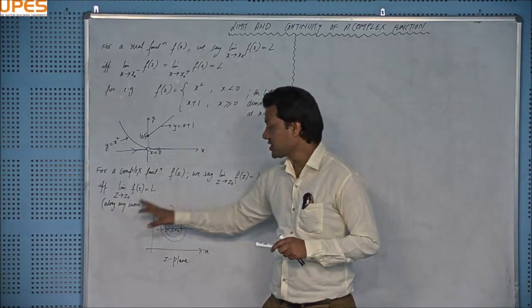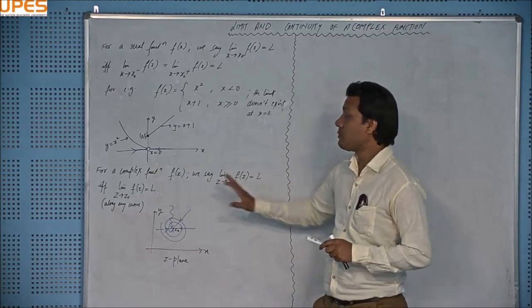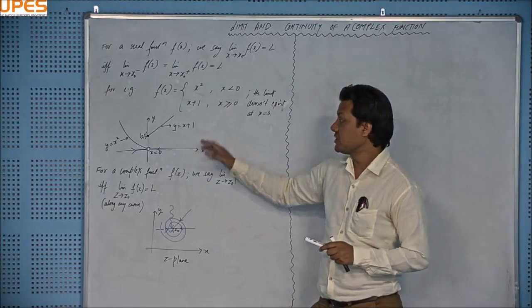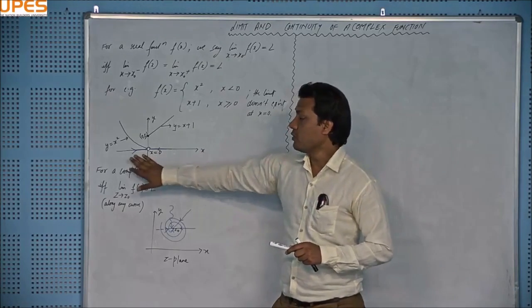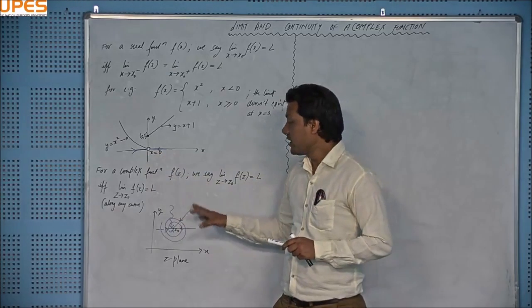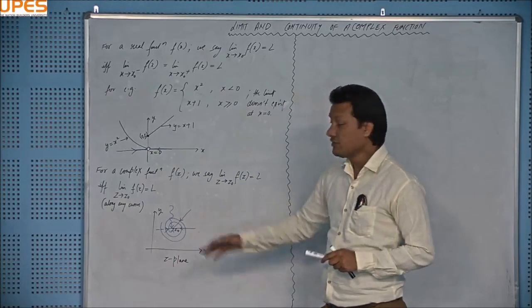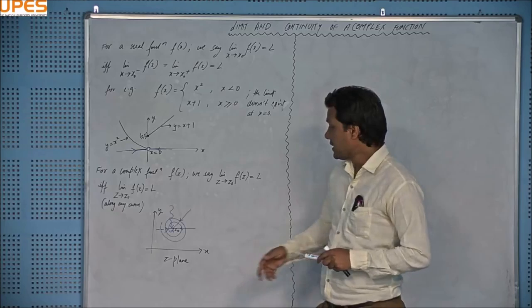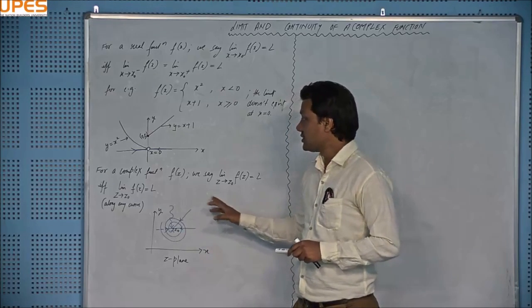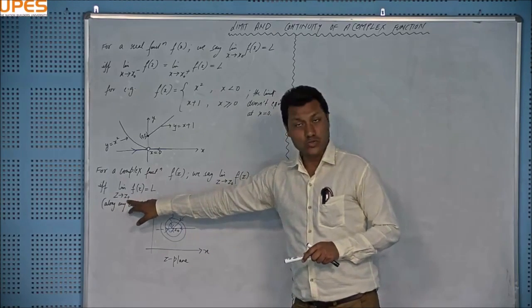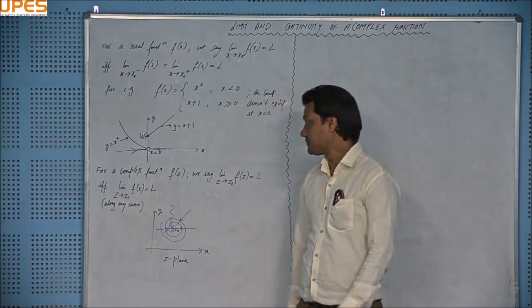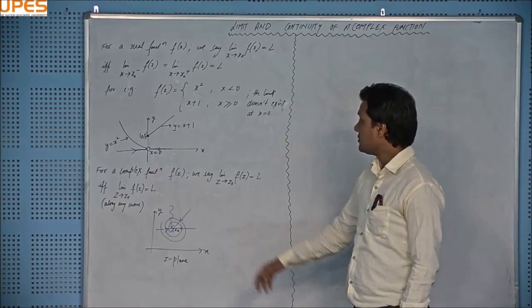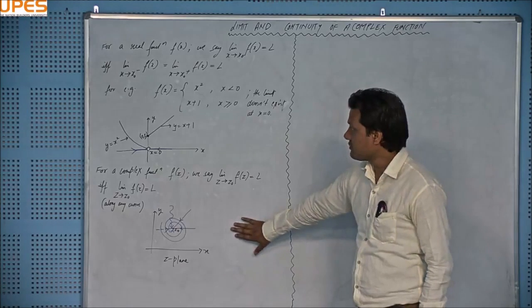So this is a strict criterion for the existence of a limit of a complex valued function. You can see the difference. A real function has only two ways, one from left and one from right, and here there are infinite number of curves, infinite number of directions, by which z may approach z naught. Okay, so I will take a small example for a complex valued function.